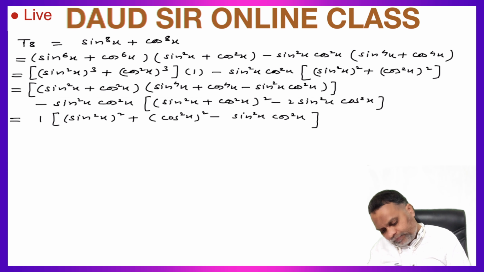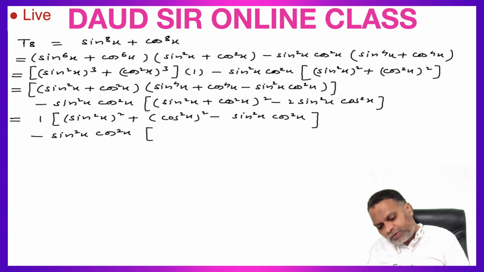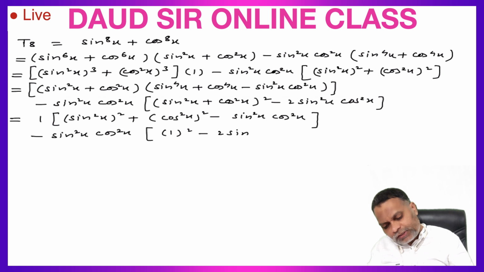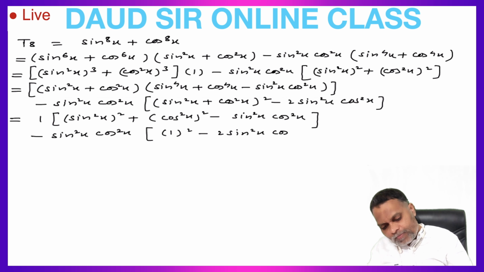Minus this sin square x cos square x into, in this bracket, sin square x plus cos square x is 1, so 1 square minus 2 sin square x cos square x. Simplify this further.